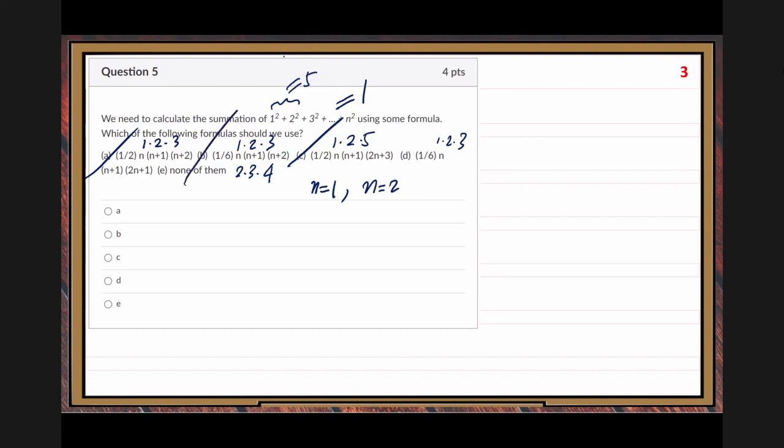So D should be correct, but let's verify one last time. 2 times 3 times 5, after cancellation, 5 is left. Looks still correct. After the second round of elimination, it's still correct. So we can say D is most likely correct, because I have to give you one correct formula.